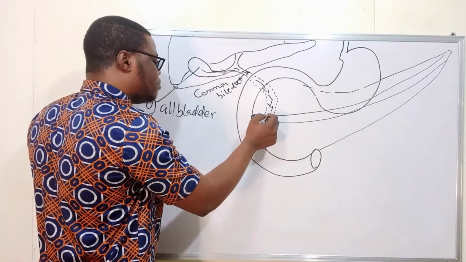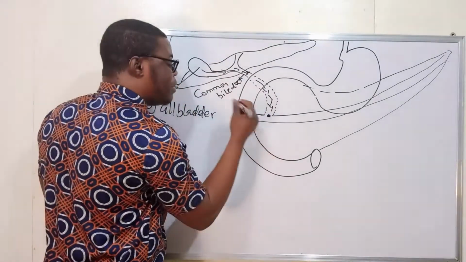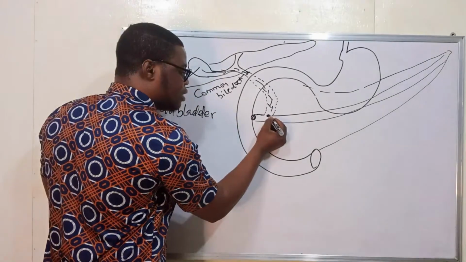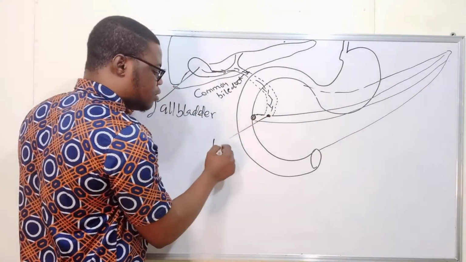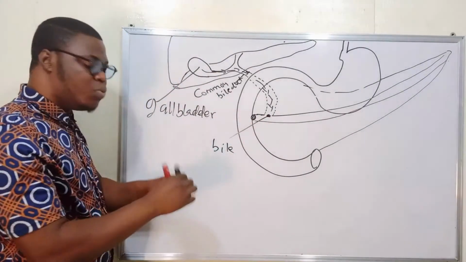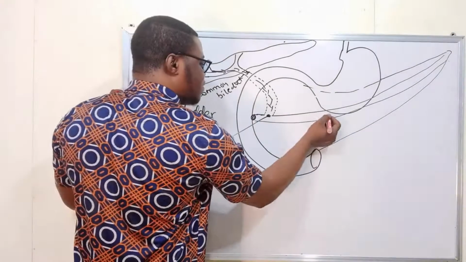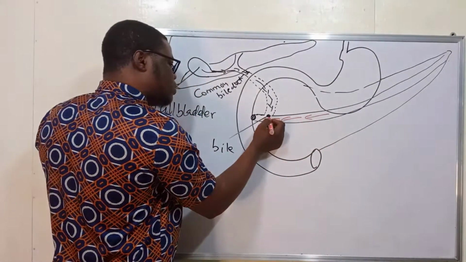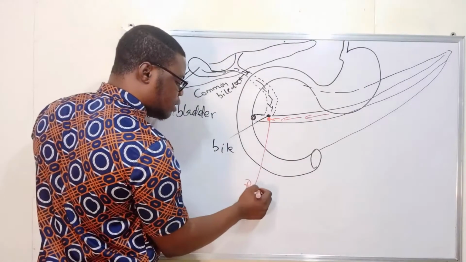But the substance that is going to be found at this junction is not only the bile, but it's going to meet up with another secretion coming from the pancreas. So this is the pancreatic secretion.